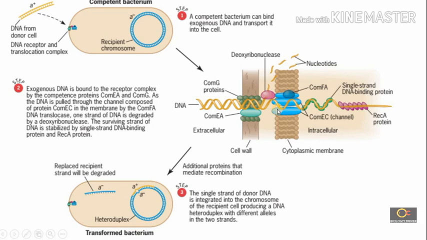What makes the other strand immune to this deoxyribonuclease enzyme? Actually, these are single-strand binding proteins. These proteins protect the other strand of the DNA from the deoxyribonuclease enzyme. The next member of these competence proteins is RecA, recombination A protein.